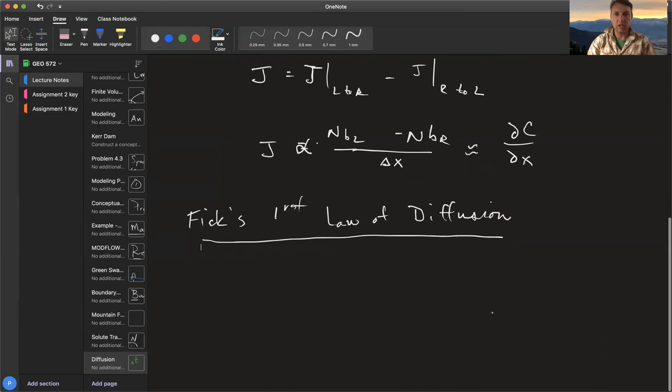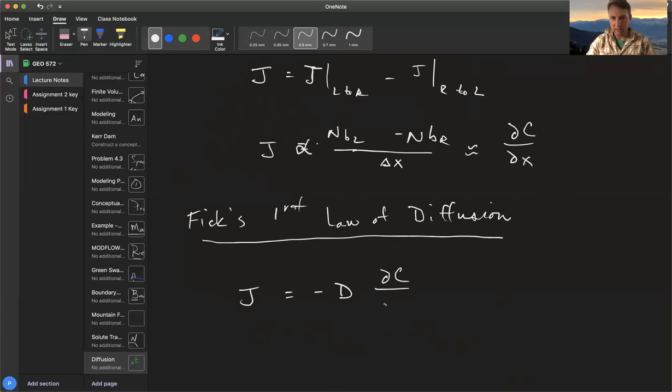And Fick's first law is that the flux, J, of particles across my plane is equal to negative D times dc/dx.